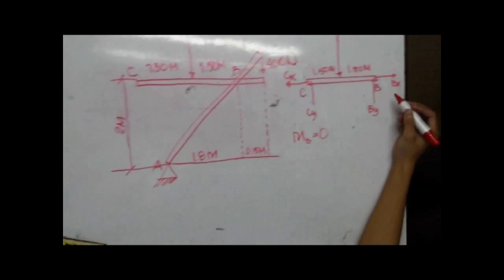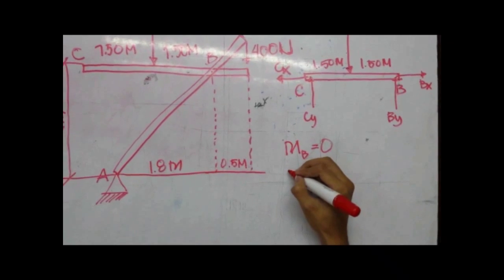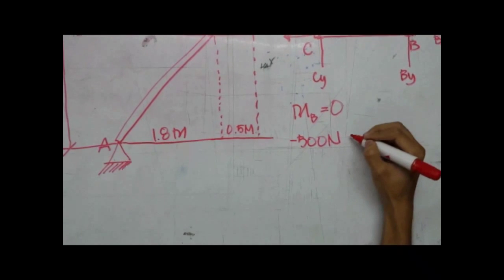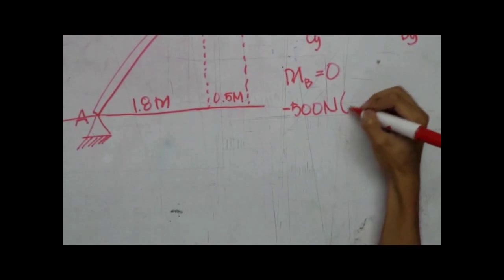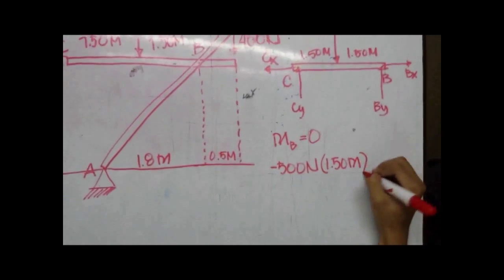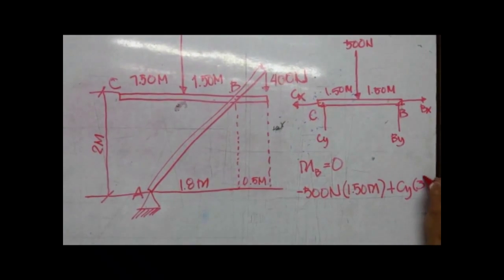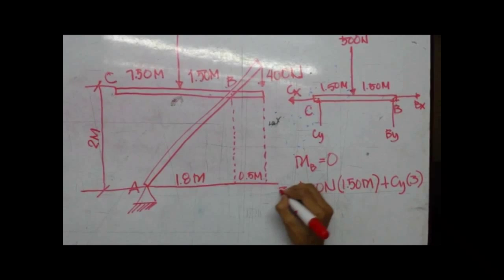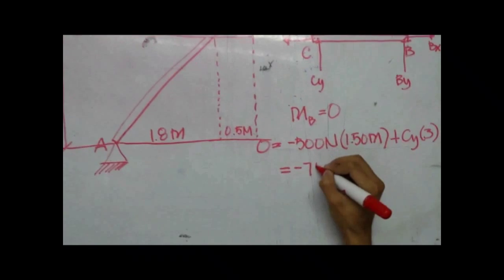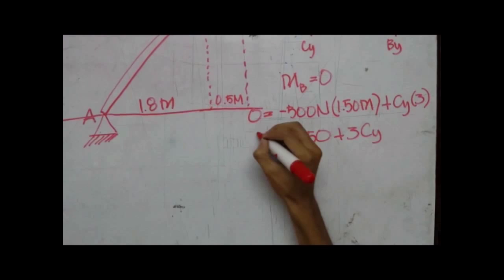All the values of By and Bx will be equal to 0 since the moment passes through point B. We use negative 500 newtons, negative because it's going downward, multiplied by 1.5 meters from point B, plus the value of Cy multiplied by 3 meters, all equal to 0. Simplifying, we have negative 750 plus 3 Cy equal to 0.